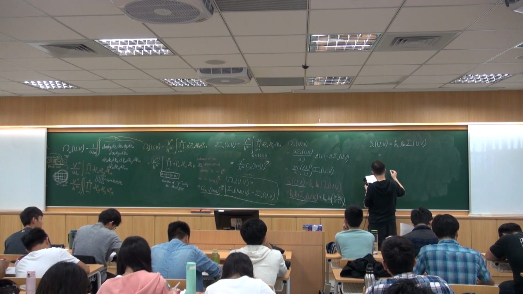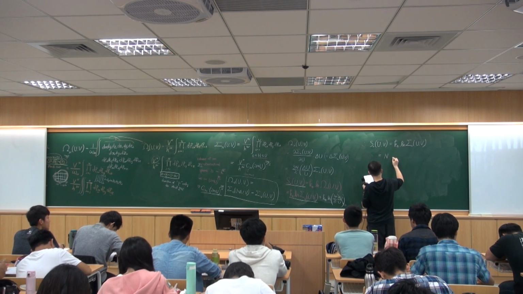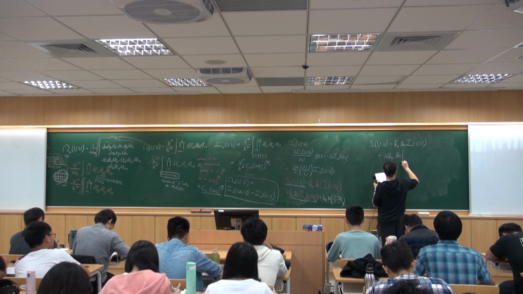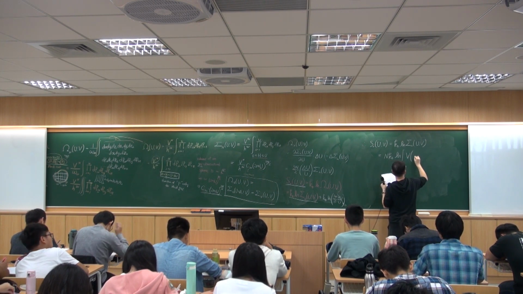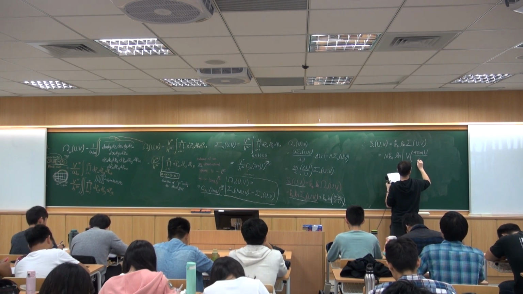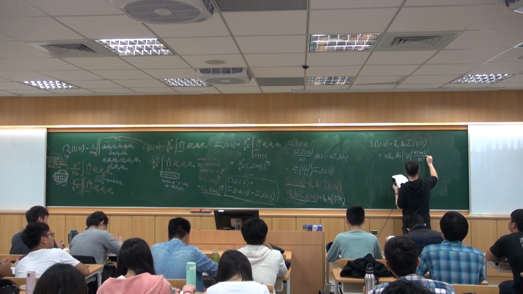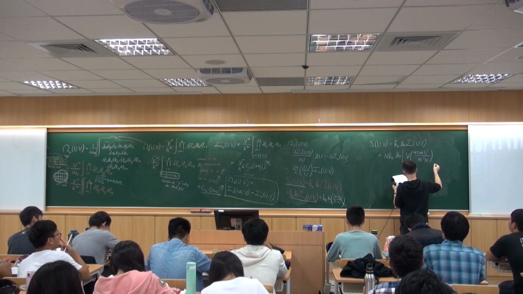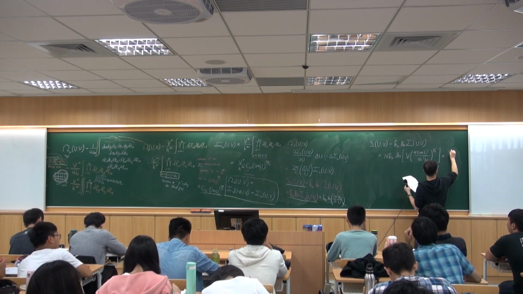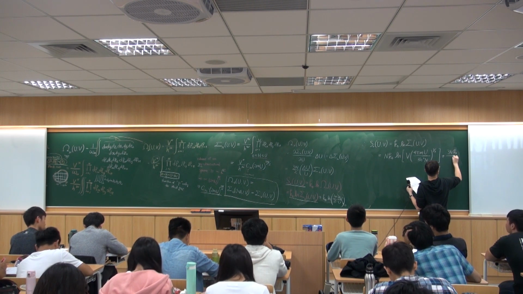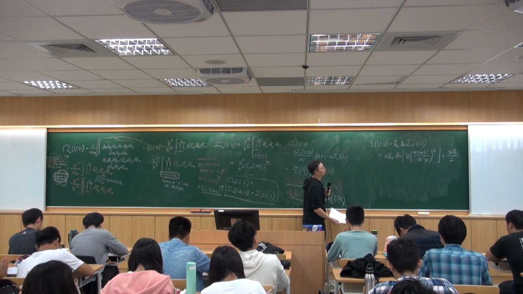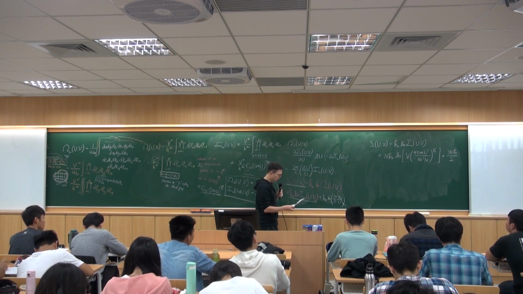And further simplifying that will give us N KB log... You can do that at home. I just write this down directly here. Okay. So this is the final form for the entropy of an ideal gas.